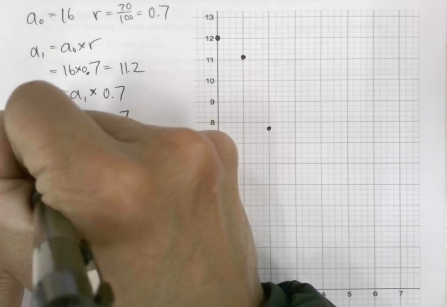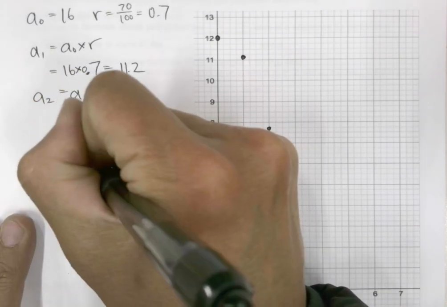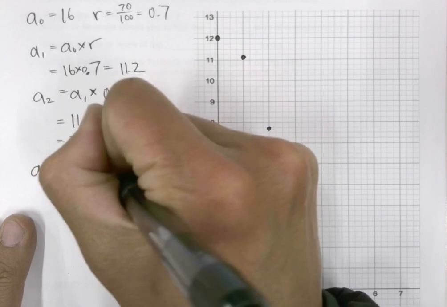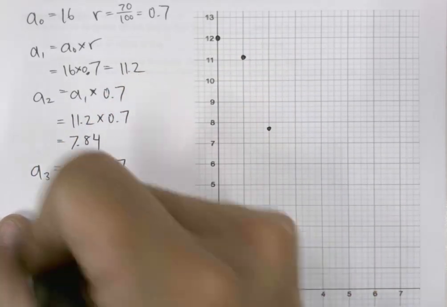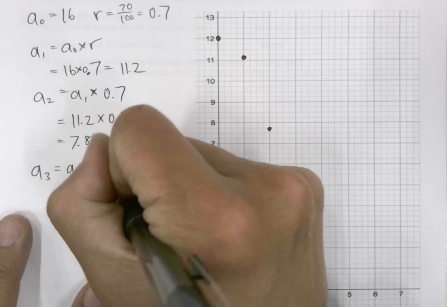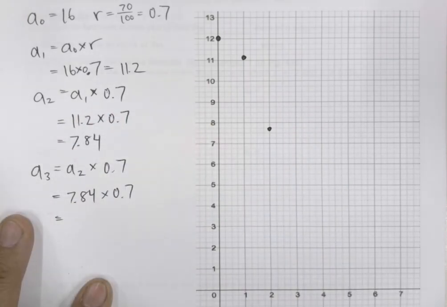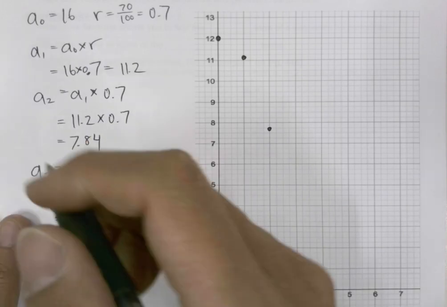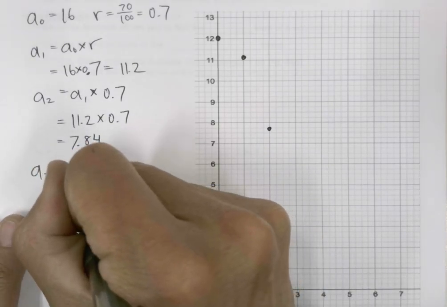Now to find a sub 3, it's going to be equal to a sub 2 times 0.7, or times r. And that's equal to 7.84 times 0.7, which is equal to 5.49.